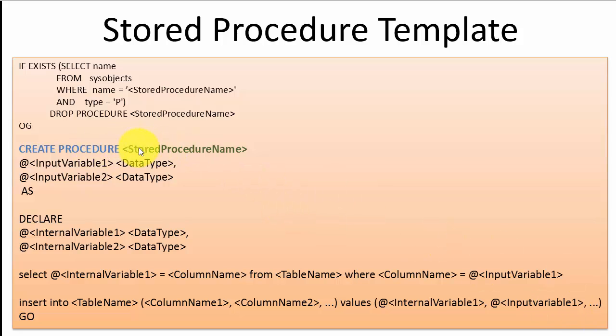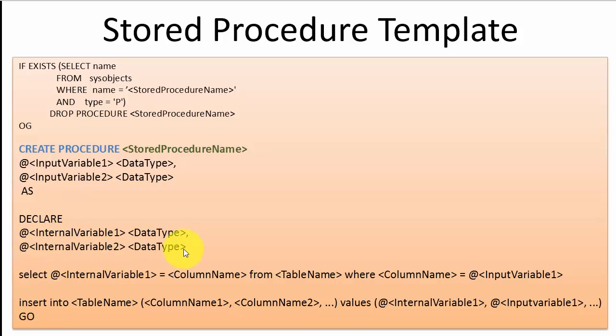So here we have the name of the stored procedure, and this syntax, create procedure, makes sure we create the procedure within the database. Here we can have one or more input variables. So we specify the input variable and the name of the input variable using this symbol, and then we specify the data type. And then here we have the body of the stored procedure.